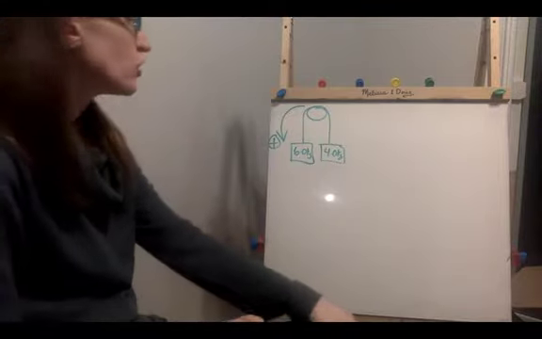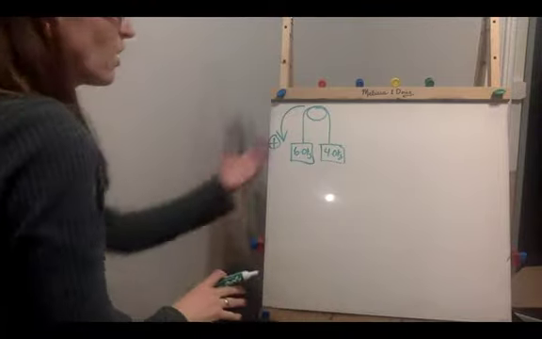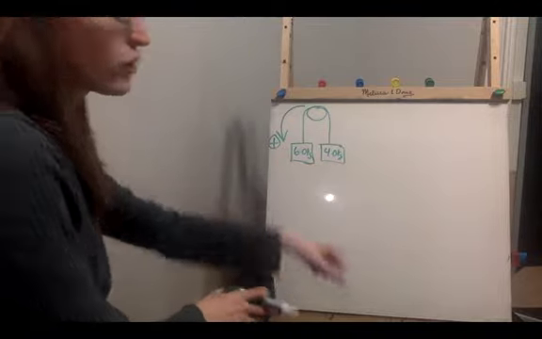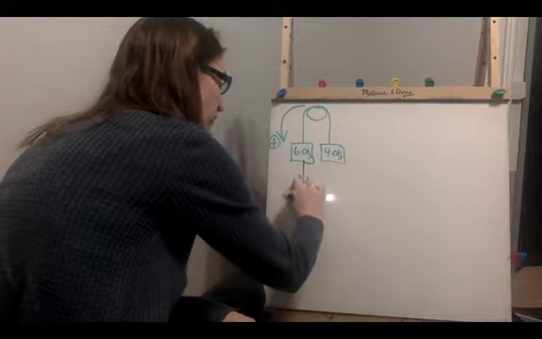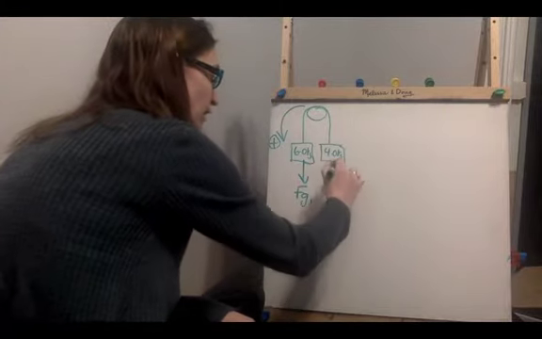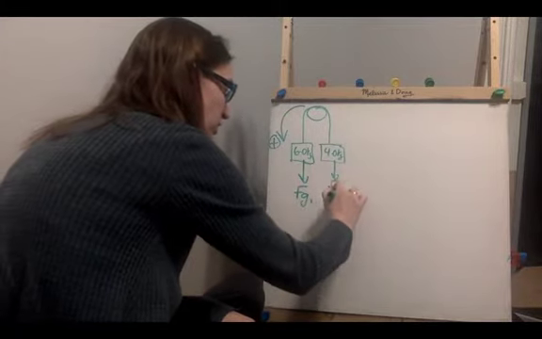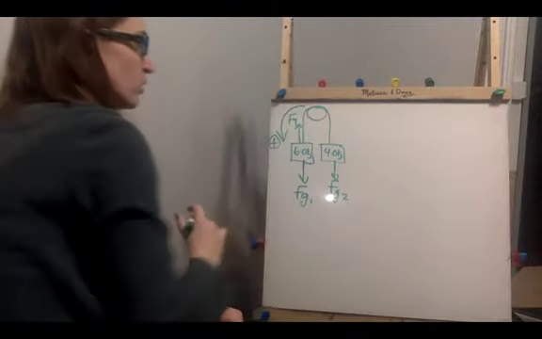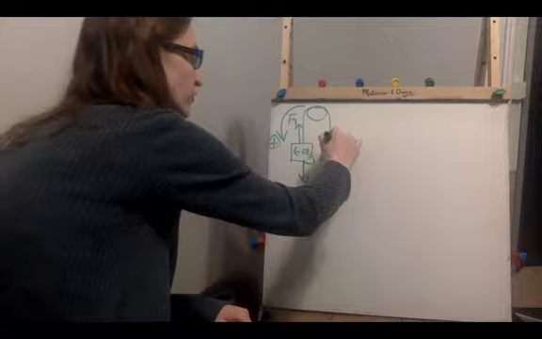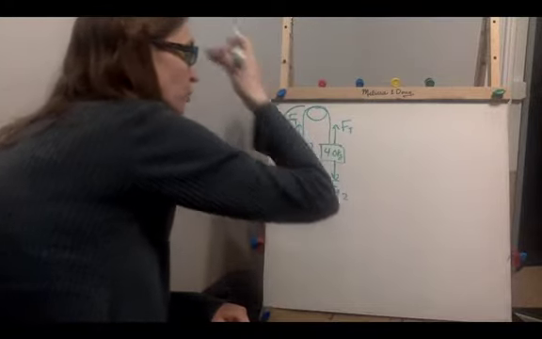Now we start needing to think about what forces are acting on these masses. Gravity is pulling on this mass here, and gravity is pulling on this mass here, and there's a force of tension in the rope pulling this way, and a force of tension in the rope pulling this way.